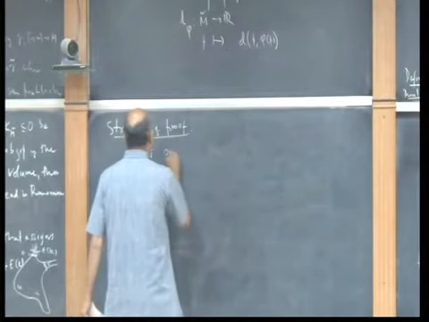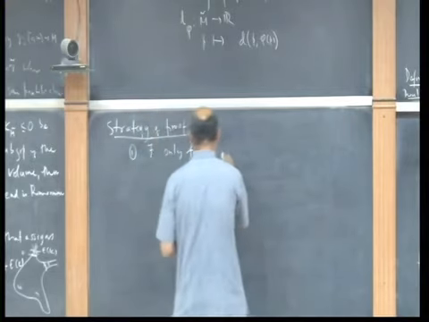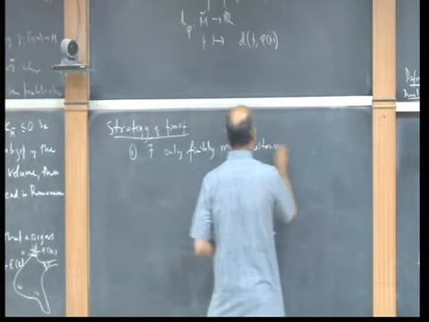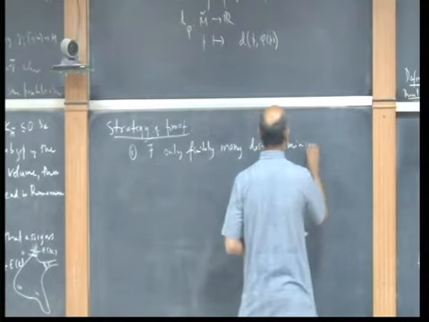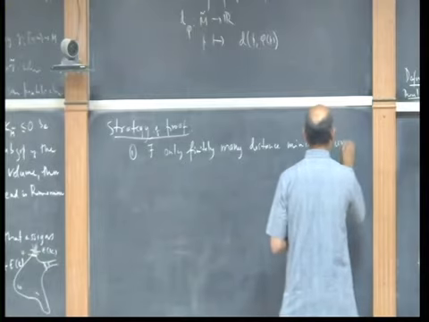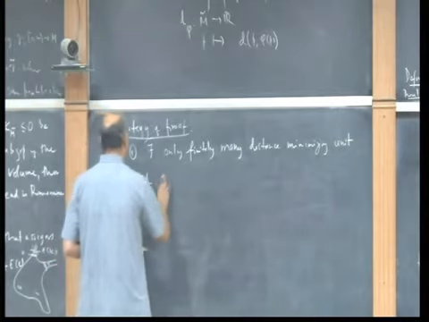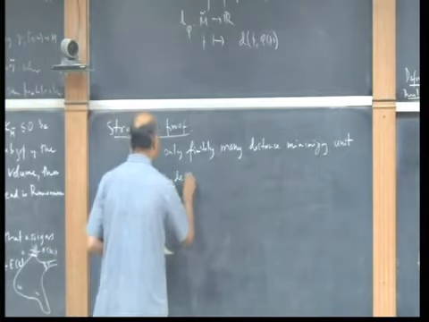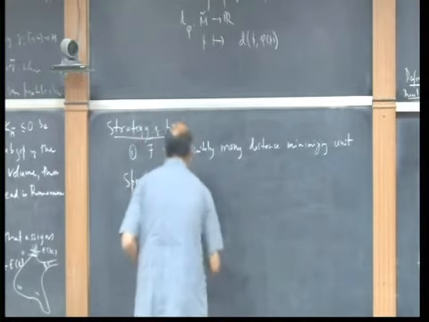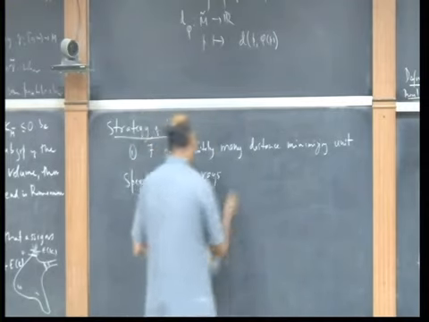So there exist only finitely many distance minimizing geodesic rays in the space, but I'm looking at only one half of the geodesic rays.